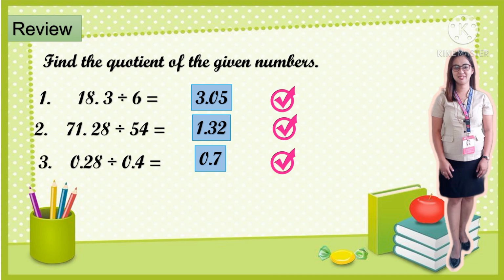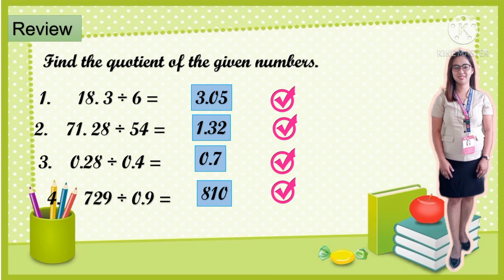Correct. Number 4, 729 divided by 9/10 is equals to 810. Let us see if your answer is correct.